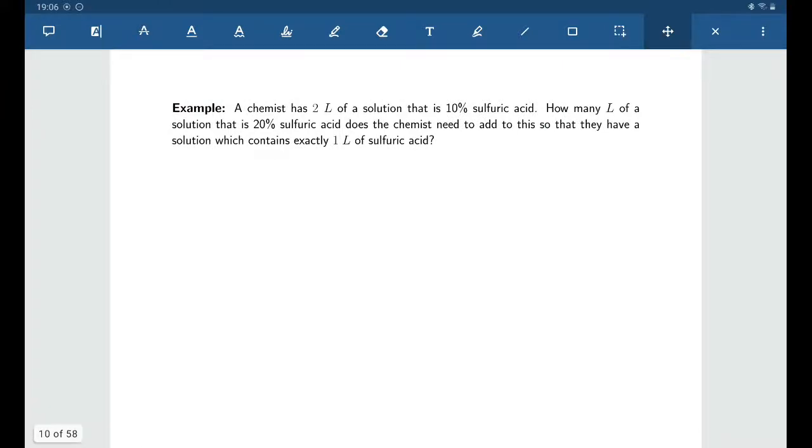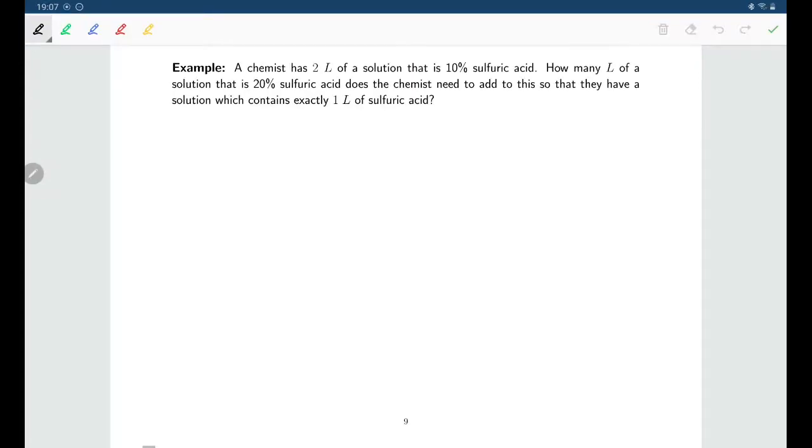All right, just a nice little word problem moment here. So here we've got a chemist has 2 liters of a solution that is 10% sulfuric acid. So we have one solution here that is 2 liters in total, but for the acid content, it's only 10% acid.